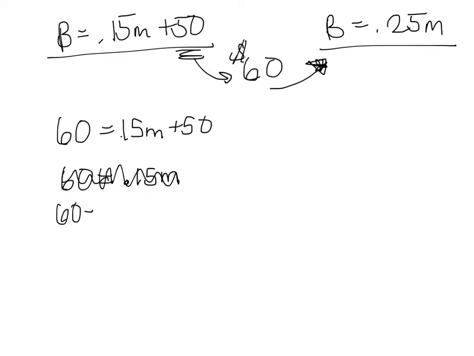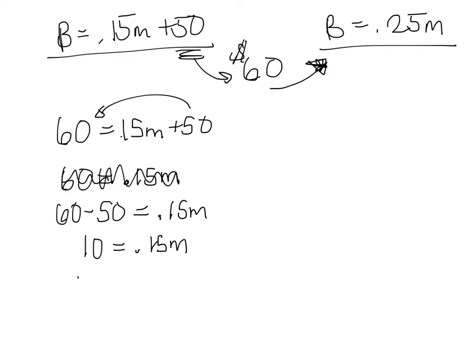So if we have 60 minus 50, because I'm subtracting that, equals 0.15. 10 divided by 0.15, because here we have a multiplication, 15 cents per minute, is going to equal M. So in your calculator, you have 10 divided by 0.15, 66.67 minutes.